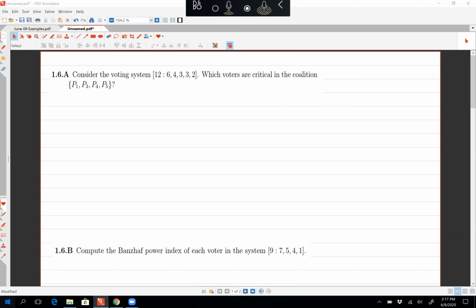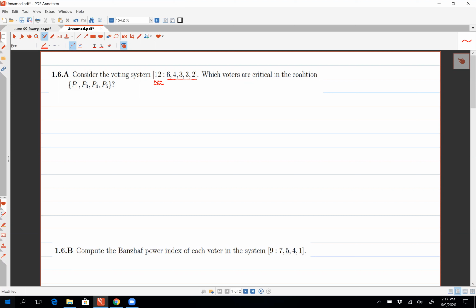Here we are given a voting system, and if we break down this voting system, we see we have a quota of 12, so 12 votes needed for a majority or for a motion to pass, and we have 5 different voters with weights ranging from 6 all the way down to 2.